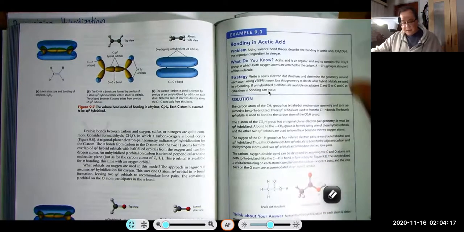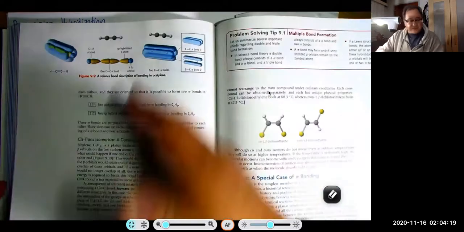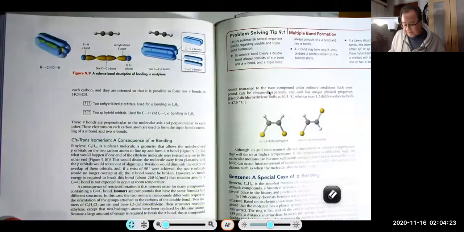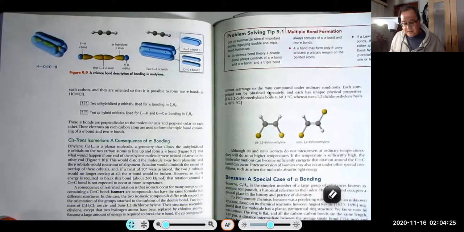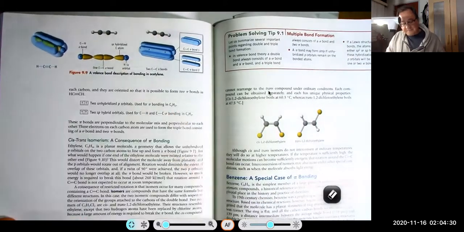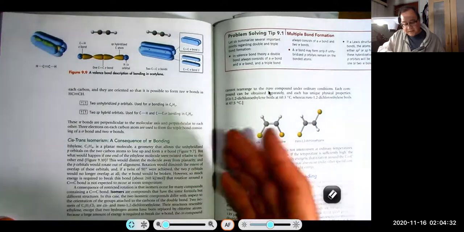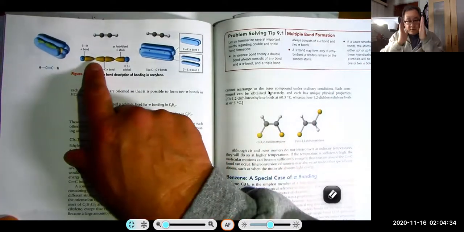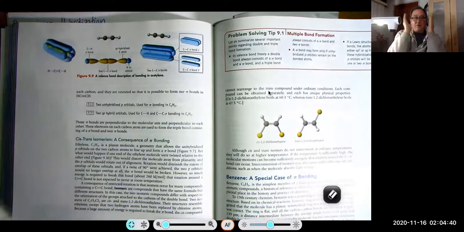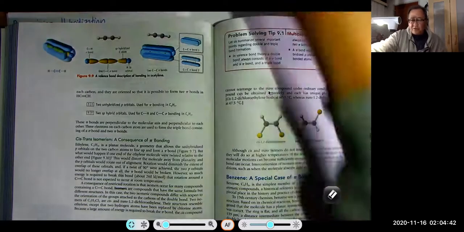And you want to read more about this and see what's happening with triple bonds, because it's a hoot to try and draw. I wouldn't ask you to try and draw something like this on a test, but I might ask you to explain what's going on with the bonding. For this, you have two p orbitals overlapping like this, but then you also have two p orbitals overlapping like this, where the p orbitals are perpendicular to one another.